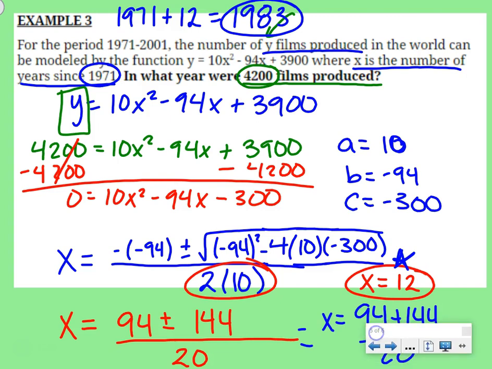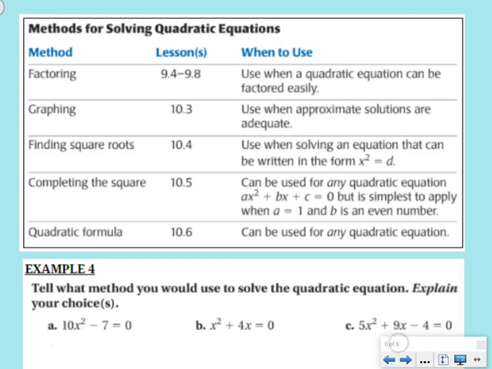All right, the last little piece is just kind of a refresher of all the different ways to solve quadratics. So in chapter 9, we talked about factoring. So those are the lessons that we talked about. We did not do 9.8, so just 9.4 through 9.7. So if you need a refresher, you can look back at those videos, but we could factor. Graphing is what we did in the first part of chapter 10.